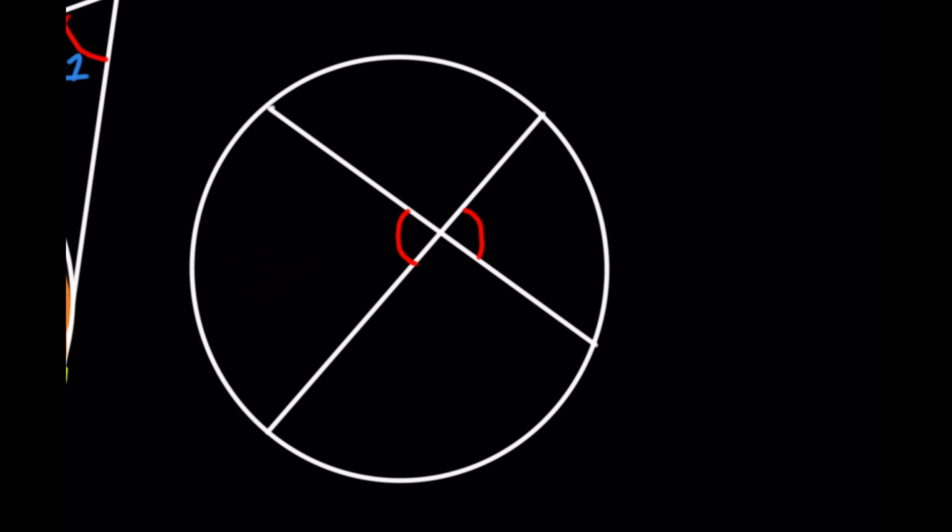So moving on to the next one, here we have the ones formed by chords inside of the circle. Angles formed by two intersecting chords inside of a circle: the measure of the angle formed by the two lines that intersect inside the circle would be half the sum of the measures.